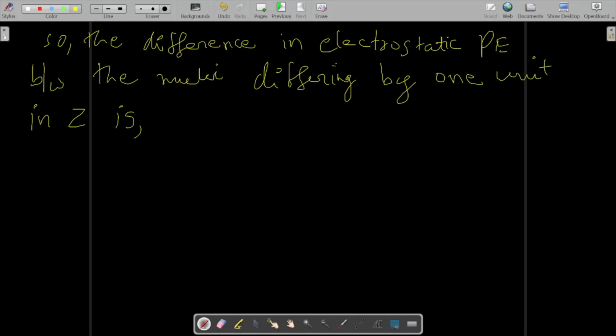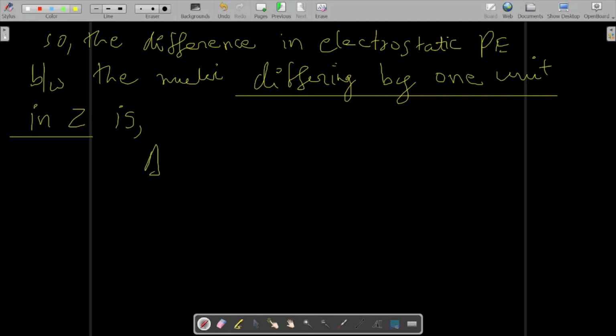Now why are we taking this difference in electrostatic potential energy between nuclei differing by 1 unit in Z? Because your mirror nuclei were differing by 1 unit in Z. So that's why we are taking the difference in electrostatic potential energy between the two.